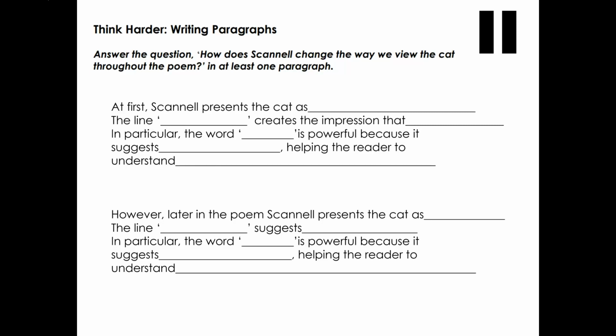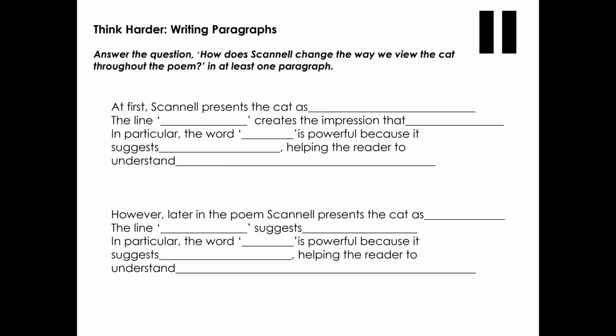The question to answer is this: how does Scannell change the way we view the cat throughout the poem? Now you must submit at least 1 paragraph. However, if you've got time, it would be better if you can submit 2 so that you can show how Scannell changes our perception of the cat throughout the poem.